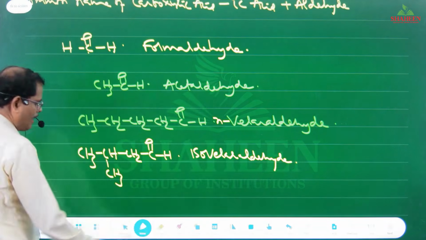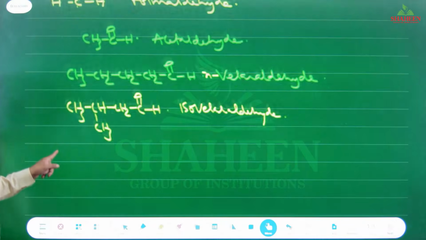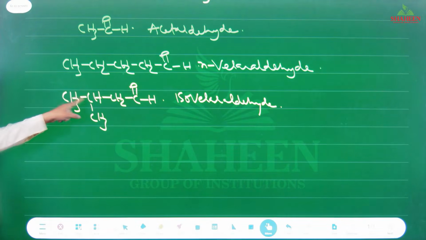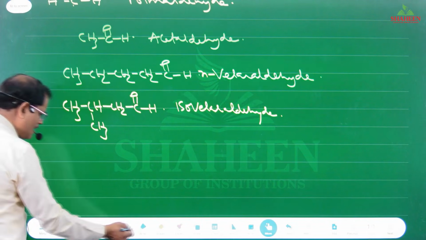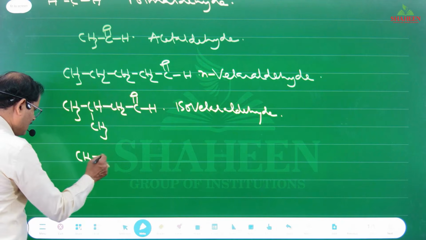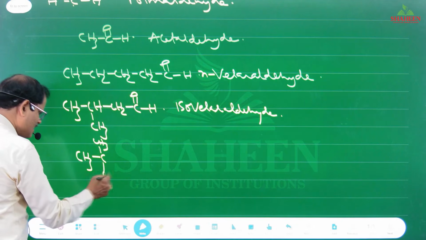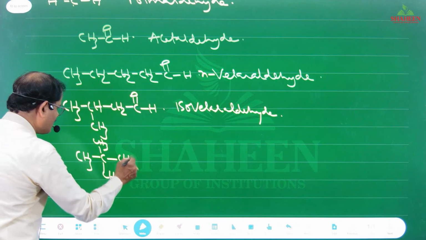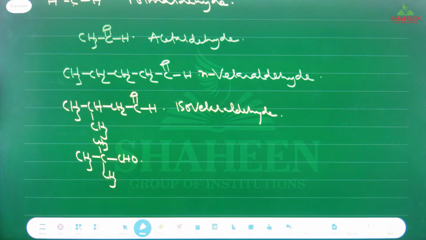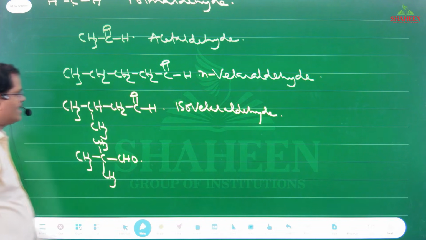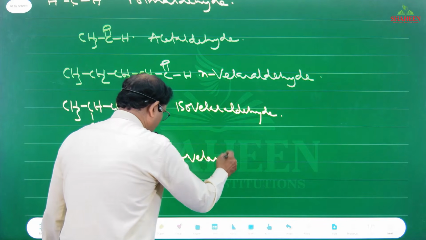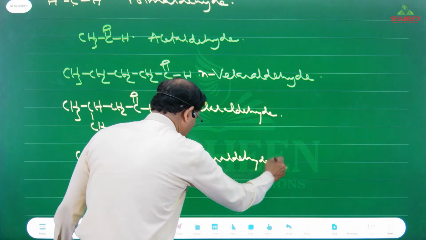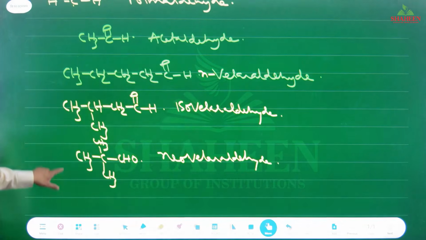Iso: when the second carbon is attached with one methyl group, it means iso. And when the second carbon atom is attached with two methyl groups, then it is called neovaleraldehyde. This is about common names.